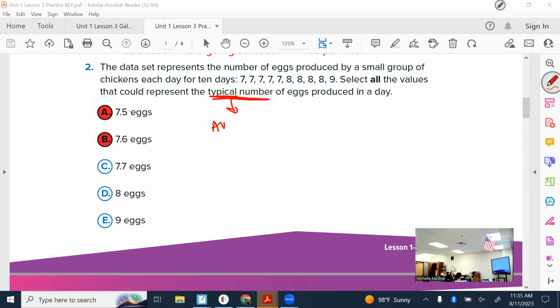Average, good. Average or mean, they mean the same thing. What else did you learn is for typical values? So think of those definitions that we filled out the other day.